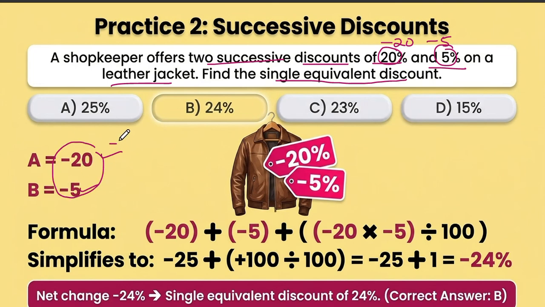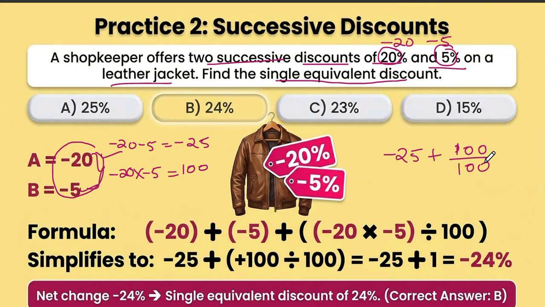The addition is minus 20 minus 5, which is nothing but minus 25. After that the multiplication: minus 20 multiplied by minus 5, minus minus is plus, so 100. Then minus 25 plus the multiplication 100, and we have to divide by 100.